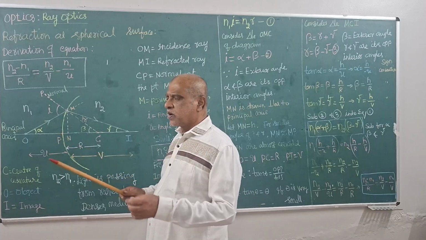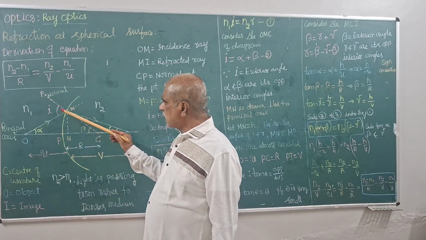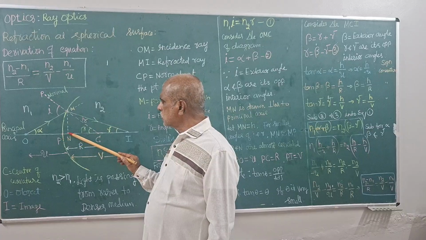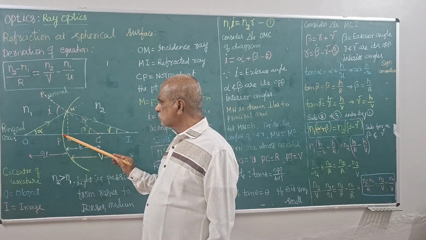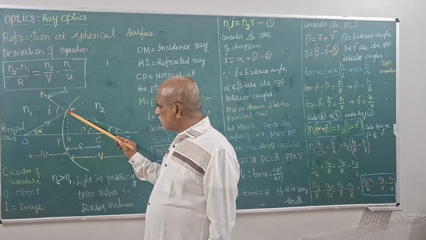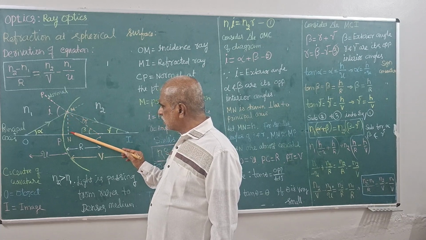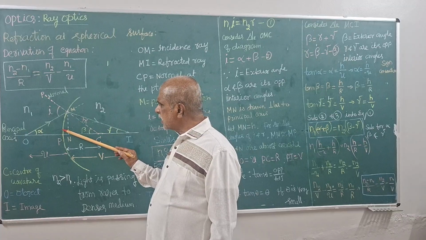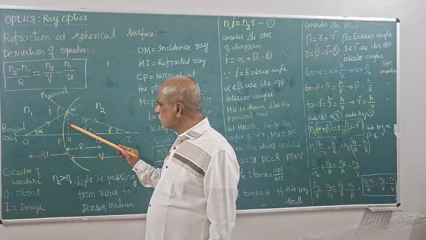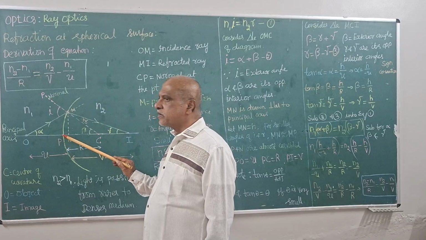We are making an approximation. Assume that this angle is small, then these two points almost coincide. In that case, this length is a curved length and this is a straight line, and of course this is a little higher than that length.